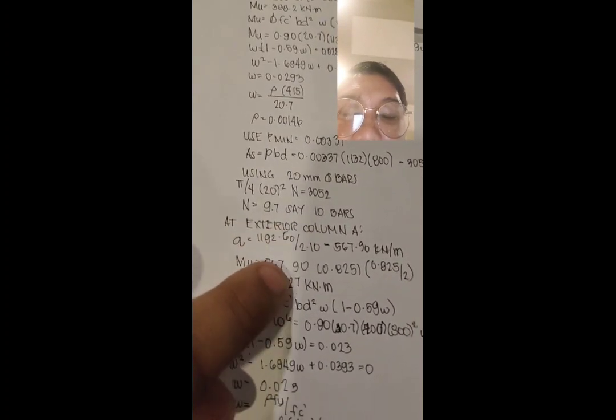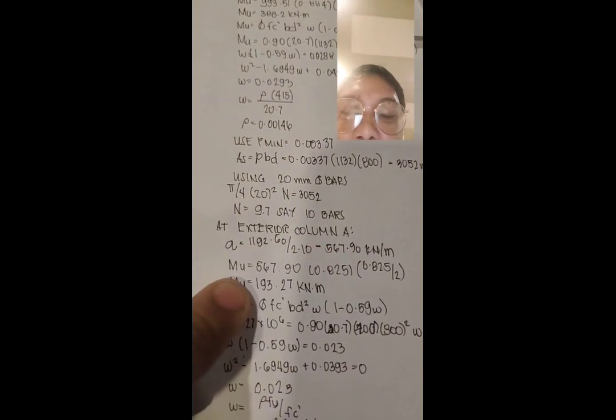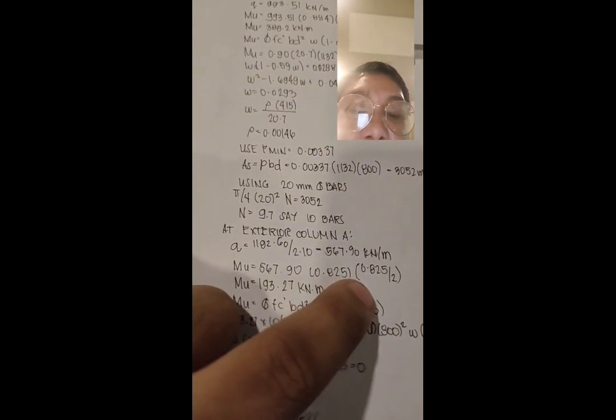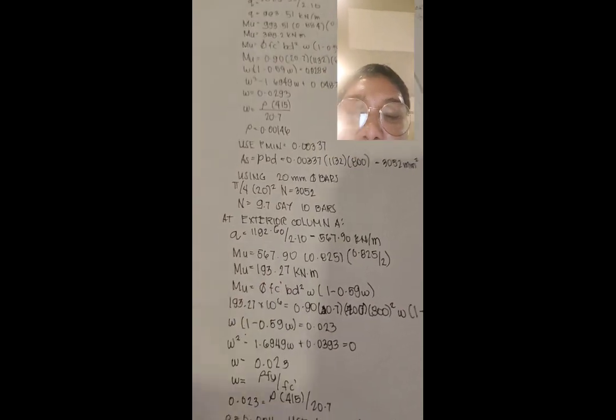At exterior column A, we have q of 1192.60 all over 2.10, which is 567.90 kN per meter. Mu is equal to 567.90 times 0.85825 times 0.825. We just divide it by two and multiply. Then, Mu is 193.27 kN meter.